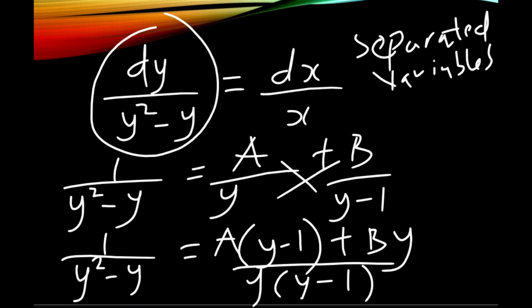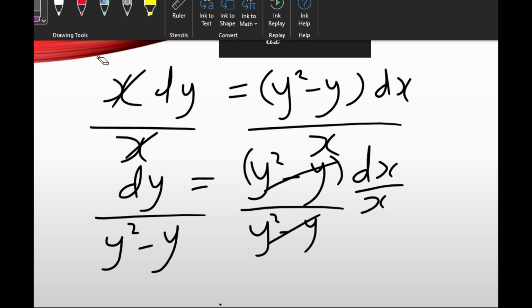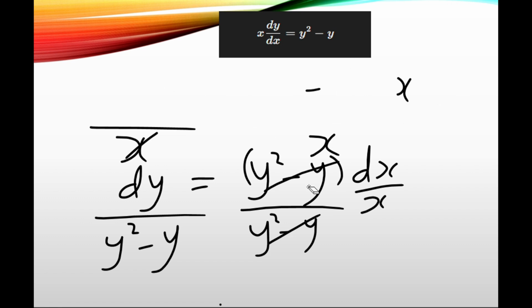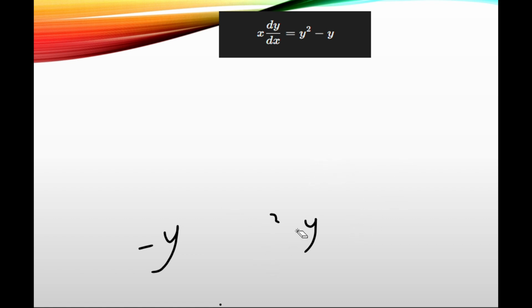So we come back to the equation, and then where we saw the dy over y squared minus y, we replace it by the values of a and then b. So let's do that. So here we just rearrange them. We know that a was negative 1, b was positive 1.